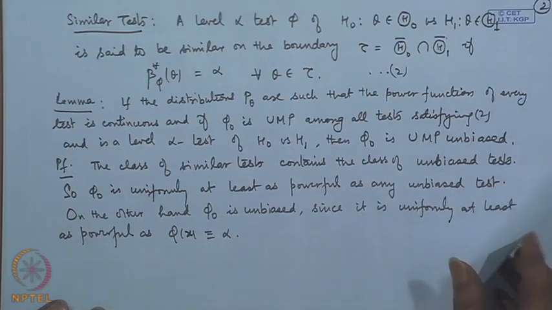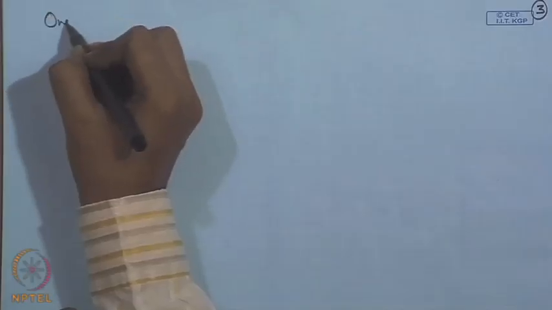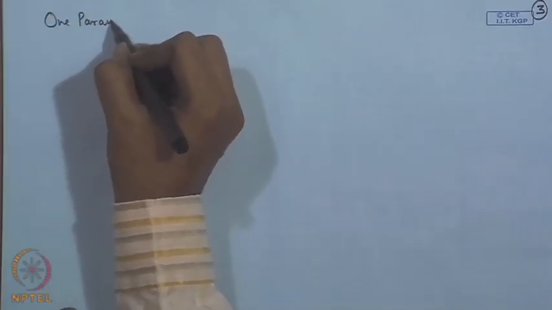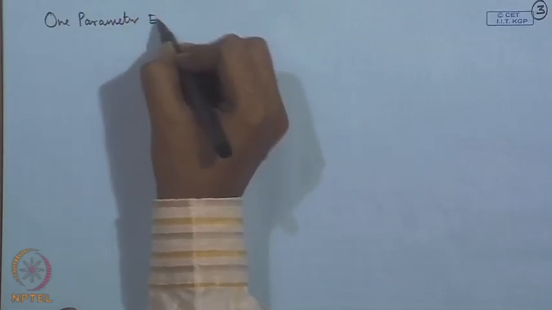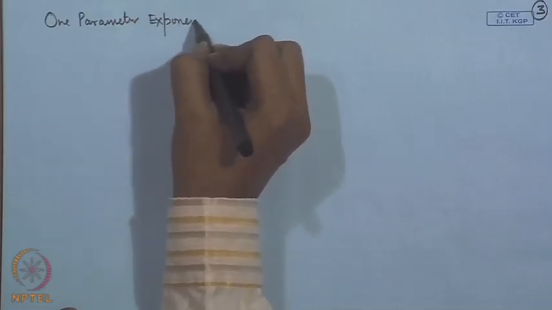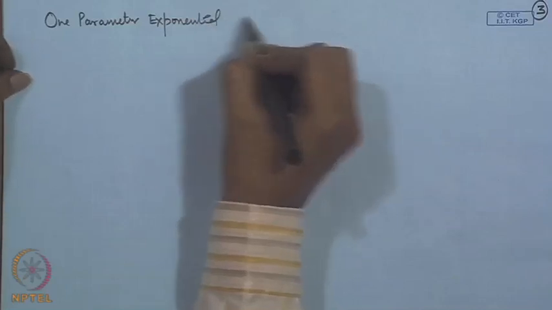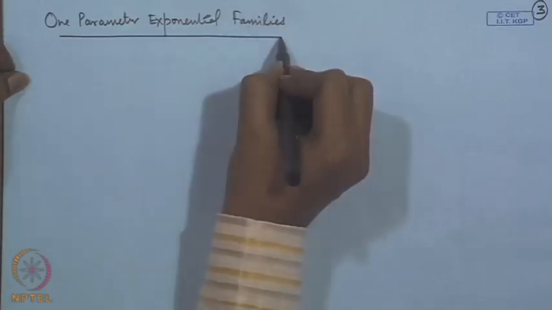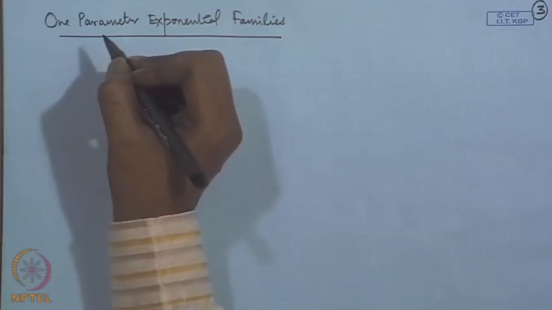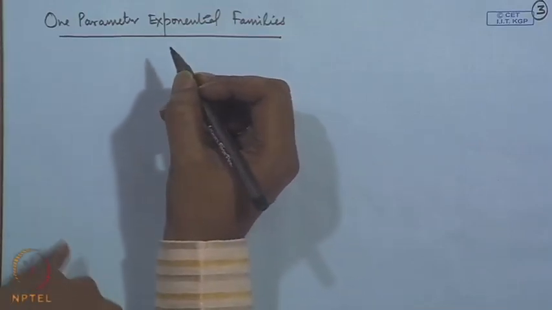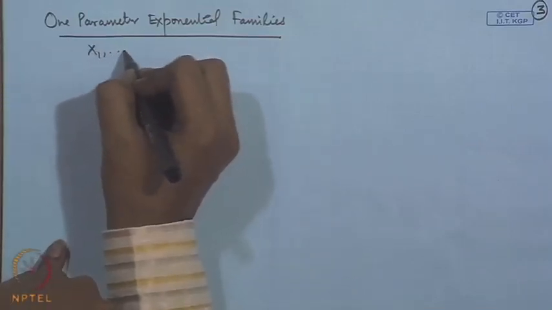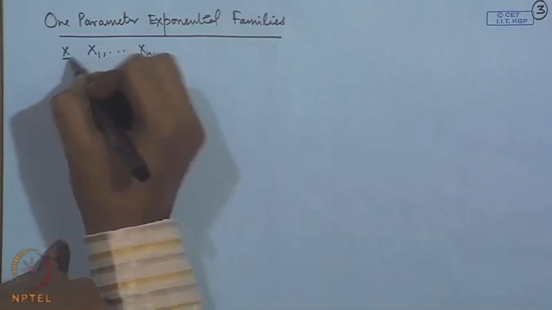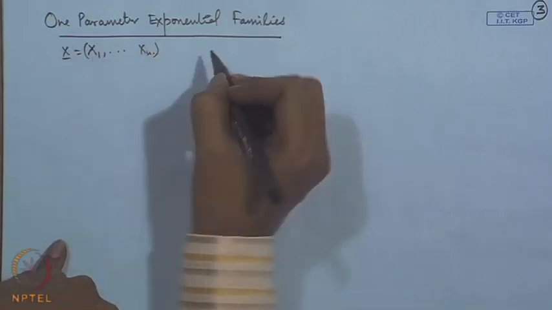Now, let us consider applications to one parameter exponential families here. As usual we are considering x 1, x 2, x n as a random sample, so we write it as x.